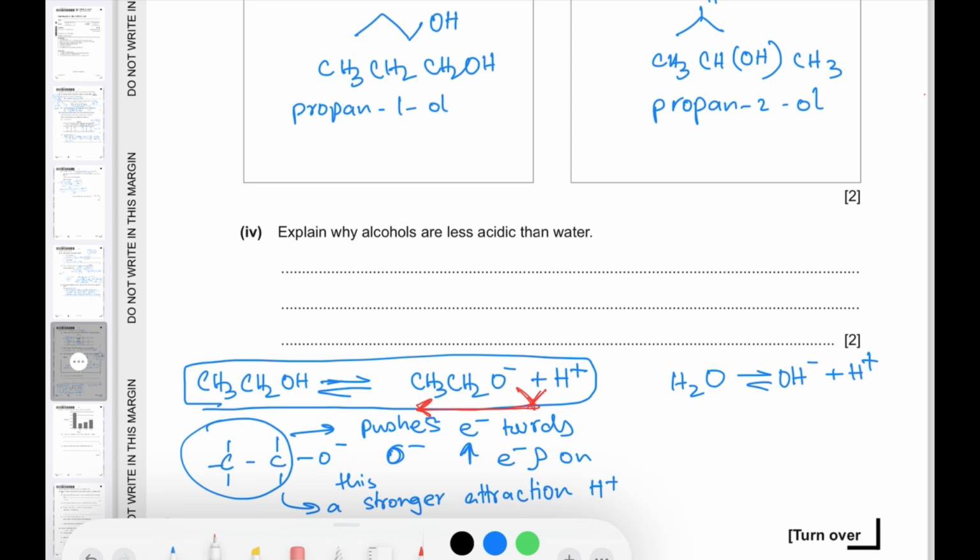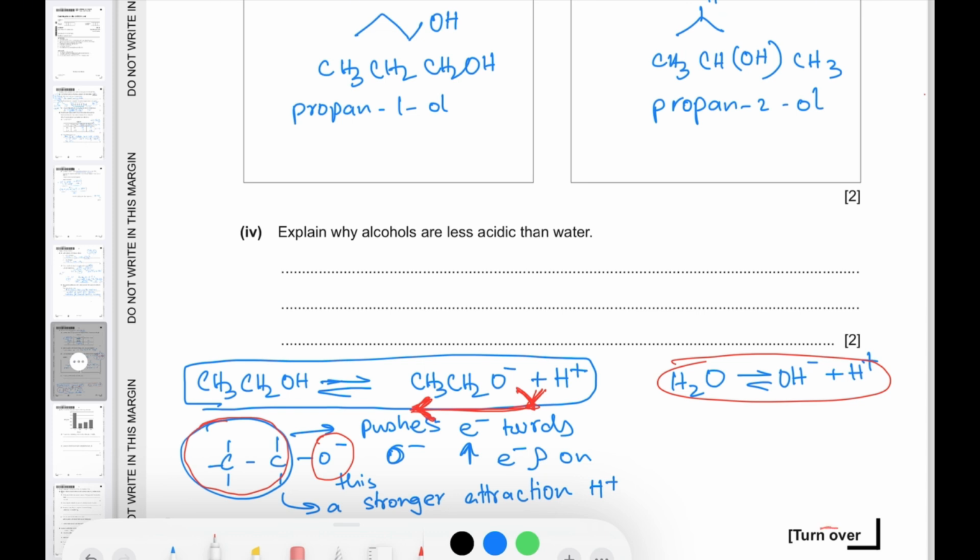So once again, the alkyl group has a positive inductive effect. It pushes electrons towards the oxygen atom, making it far more likely for the alkoxide ion to combine with the proton and for the equilibrium to shift back to the left-hand side, compared to water, which does not have an electron donating group like the methyl or an alkyl group.